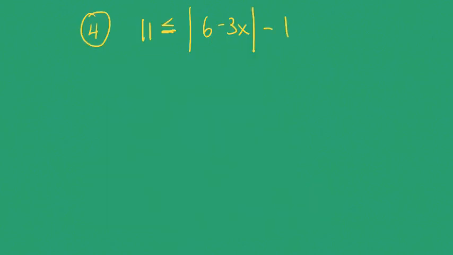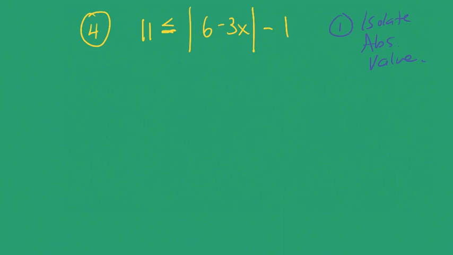Number 4, 11 is less than or equal to the absolute value of 6 minus 3x, minus 1. Isolate the absolute value, and just to hammer that point, what I mean is we've got a right side of the inequality symbol and a left side of the inequality symbol.